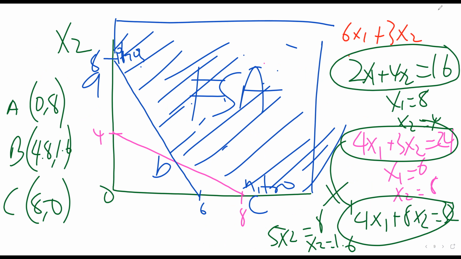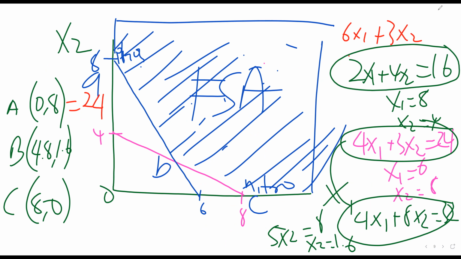At point A, the x1 will be 0. So what is the value at point A for z? 3 times 8 is what? 24. Are you following me? Are you guys following?